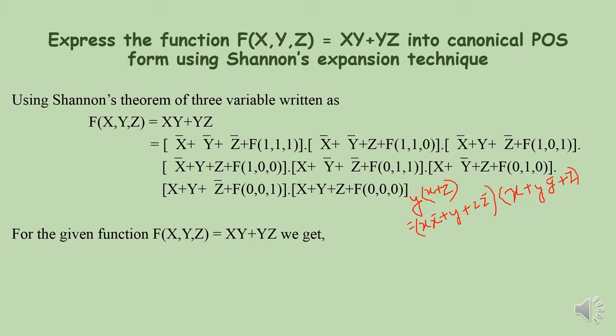So from here what we get: first term is x plus y plus z, next term is x bar, next term is x plus y plus z bar, then x bar plus y plus z, then x bar plus y plus z bar. And from here what we get is x plus y plus z dot x plus y bar plus z. So from this expression we get this value by using the distributive law.